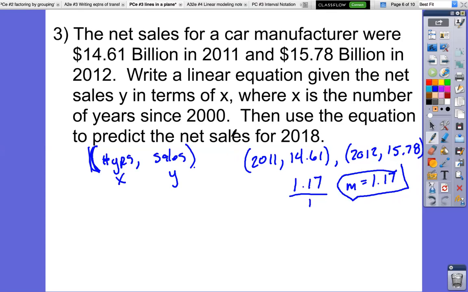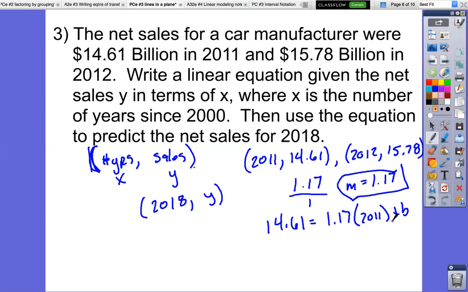Then use the equation to predict the net sales for 2018. So I know that that's 2018, and I'm trying to find the sales. I need to go back and write the equation. So y equals mx plus b. Let's get a calculator because it's going to get kind of ugly.